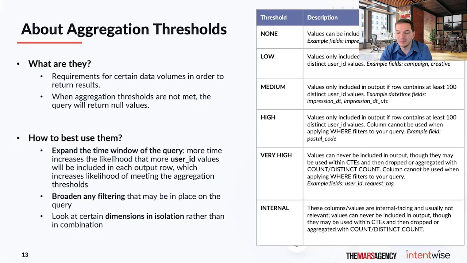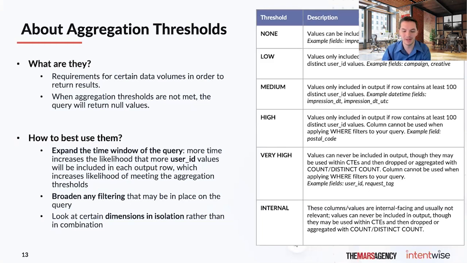What this means in practice is there are 6 variances of how much data you need in order to get an output. It ranges from none, where you don't need any specific number of rows for the data to be shown, to very high, where you can never get this data point out in any form. Being mindful of this as you're querying can be really helpful to ensure you don't get a really large number of null values.